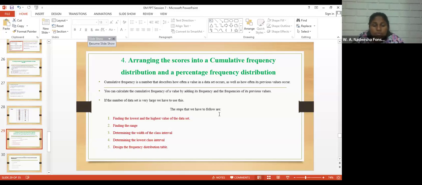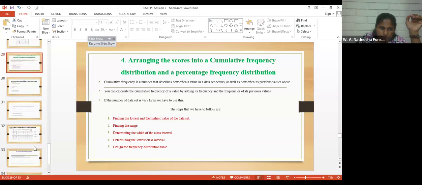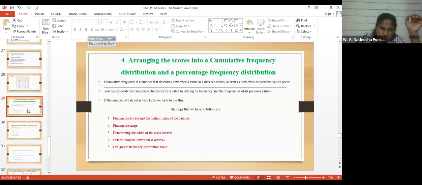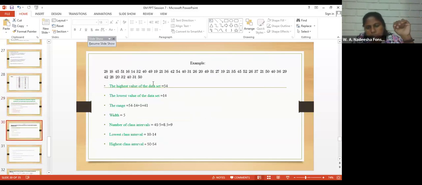So we have to obey these 5 steps. By looking at the given data set, we have to define the highest value. The highest value is 54.